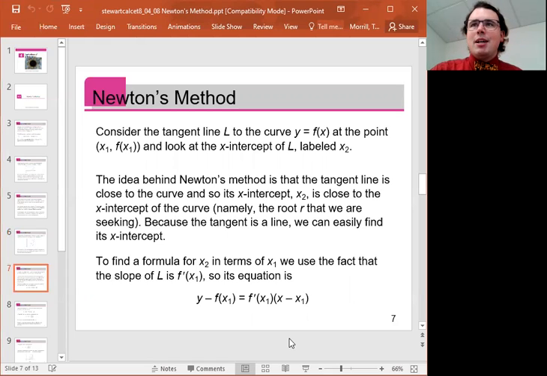So close that the tangent line should be closer to the root that we want when we follow that tangent line all the way to the x-axis.